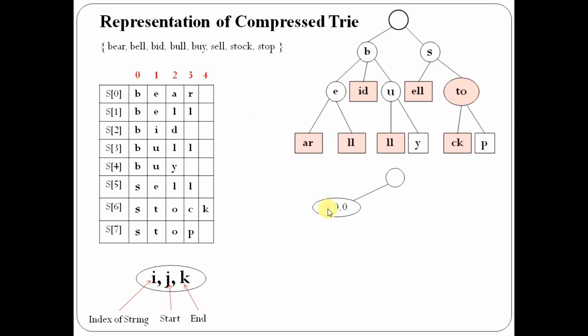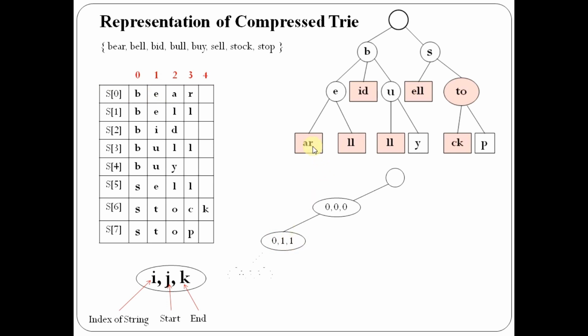So I have mentioned here 0, 0, 0 for character B. Now let's take E. Character E appears at index 0. Start index is 1, end index is also 1. So E is 0, 1, 1. 0 is the index of string, 1 is the starting position, and 1 is the ending position.